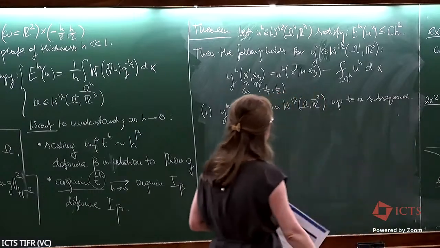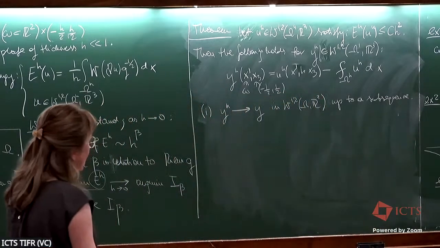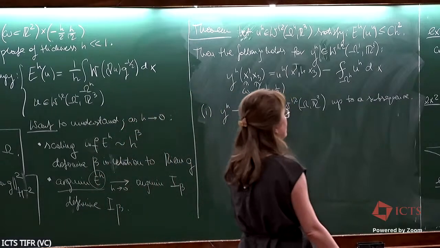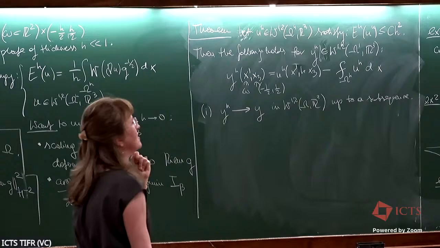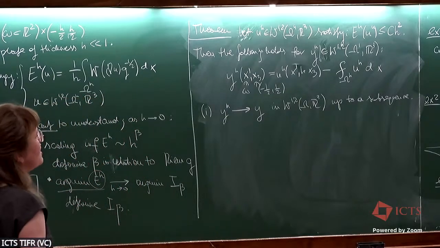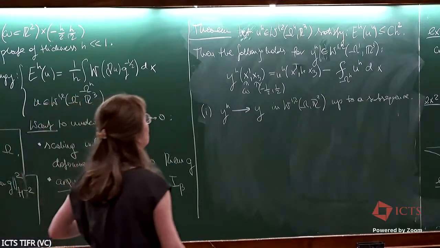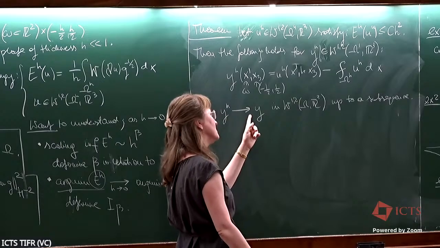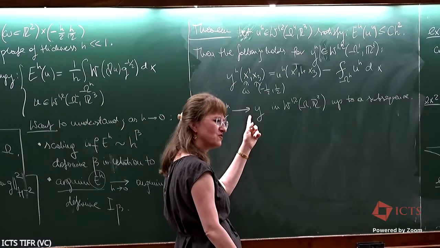That's already interesting, because I only have the bound on the energies, and as we discussed yesterday, this implies bounds on the L2 norms of the gradients. So it's easy to believe that the rescaled u^h converge weakly to something. But here I say I can get a strong convergence, strongly to some limit.